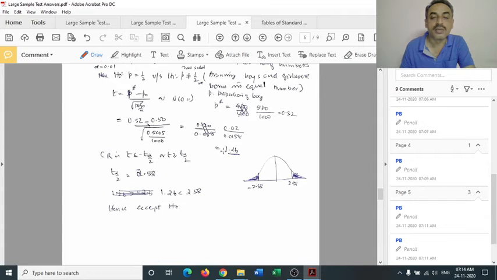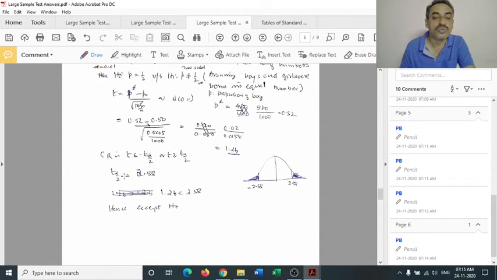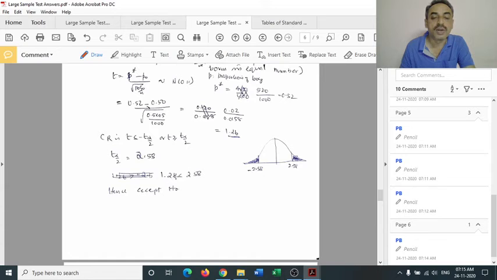We can see that the value calculated is 1.26. We can't use 1.96 for t alpha by 2 here. This is the 1% significance level, alpha is 0.01, as given in the question. So it is 2.58. But see that 1.26 is less than 2.58. We cannot reject the hypothesis.